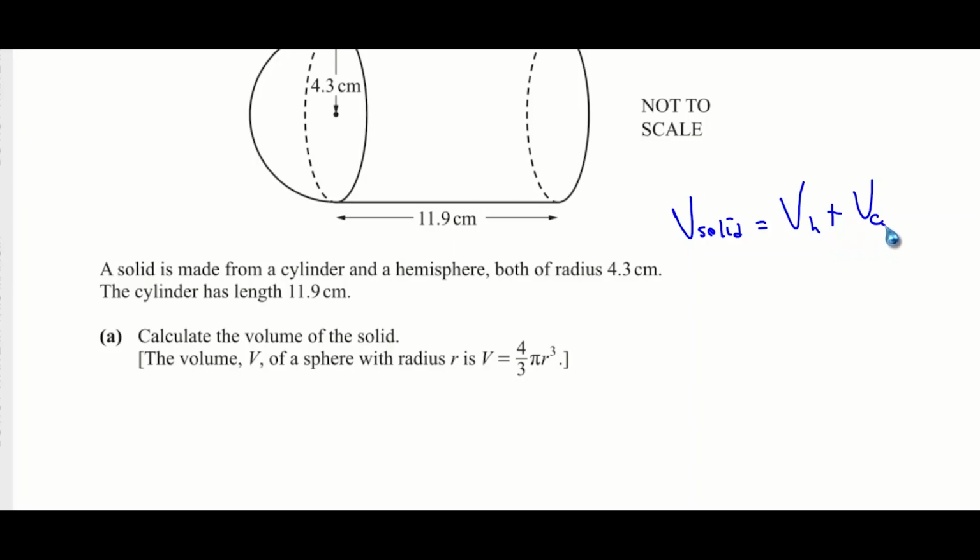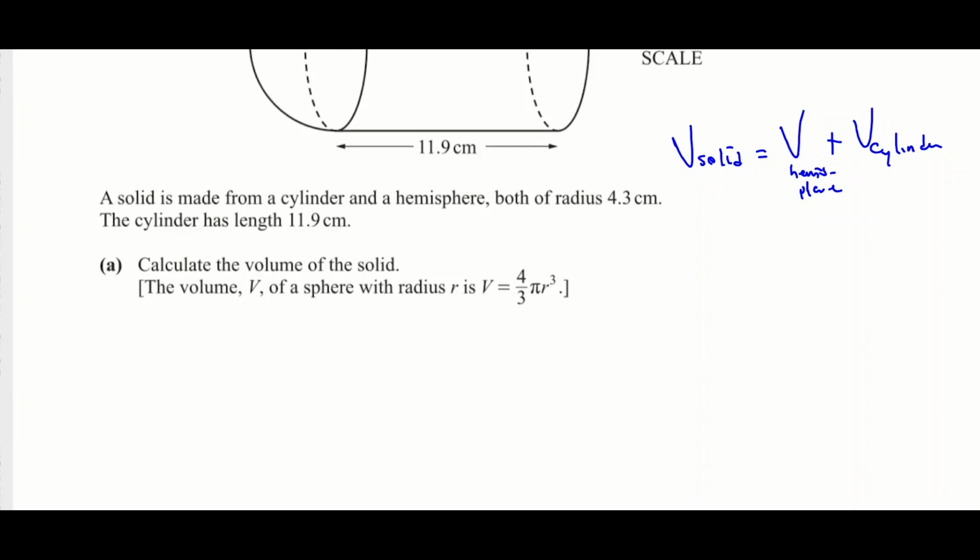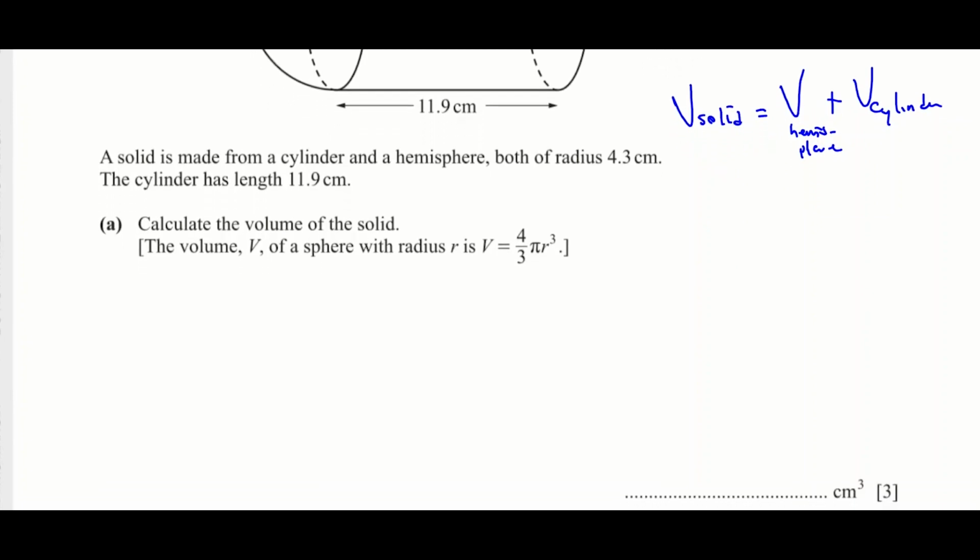Let's write this in full: cylinder, and this one will be hemisphere. So that will be the volume of the solid. Volume of the hemisphere will be VH. I think it's better to use the abbreviation.